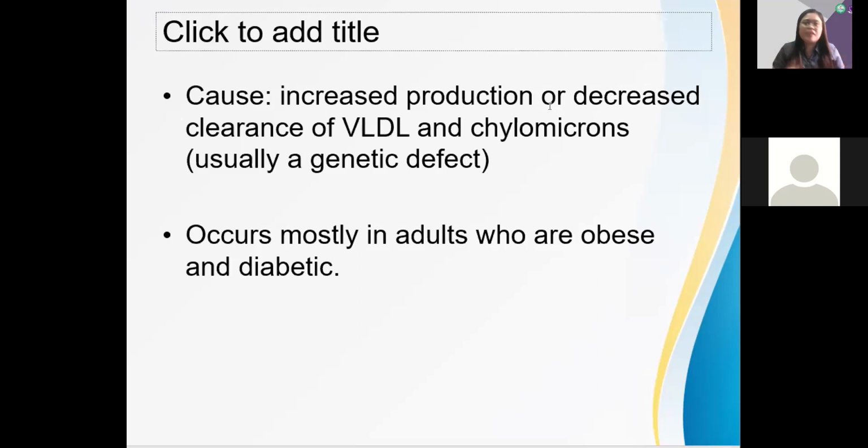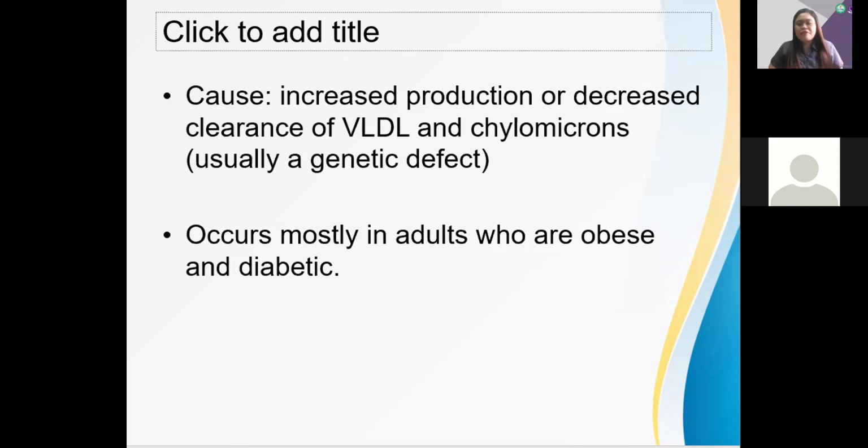Therefore, it can be passed on from one generation to another generation. So, if your parents have this kind of condition, most likely you may also have those kind of condition. But you can choose kung kano saan na siya mugawa. So, you have to be careful with your lifestyle.